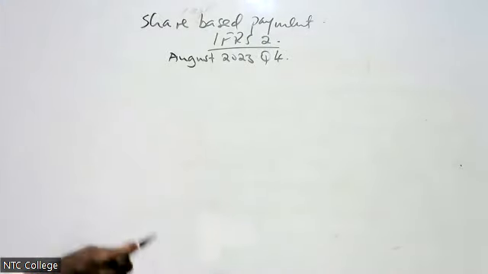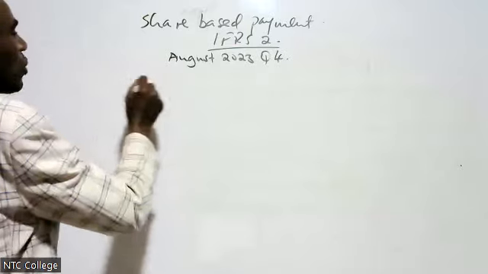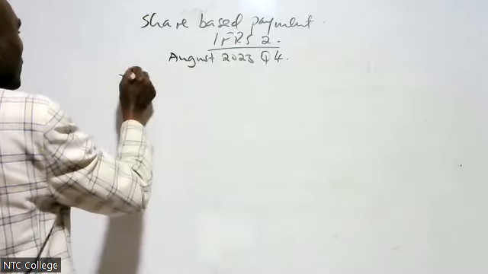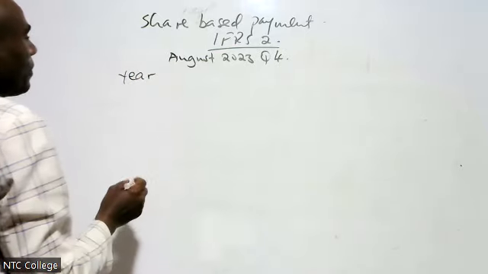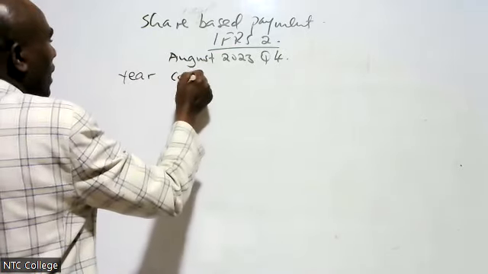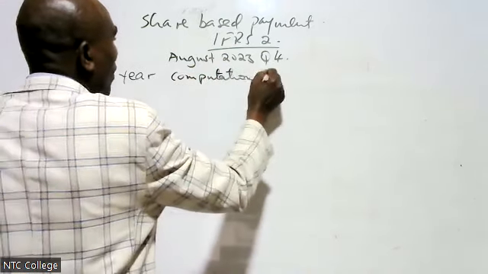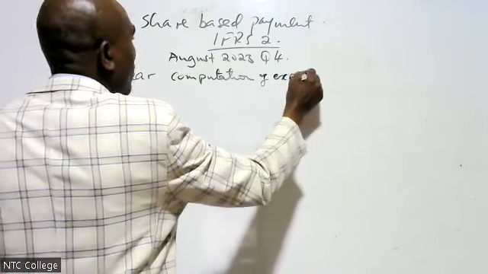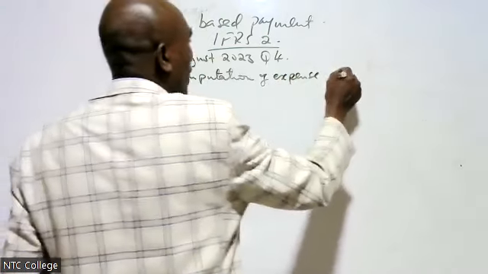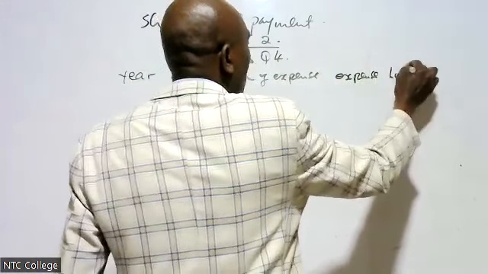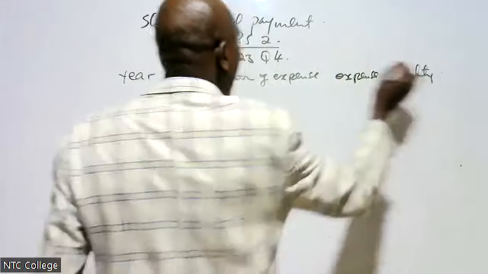Now, let's say we want to do the question of August 2023. Here we have the computation of expense. Then we are going to recognize the expense itself. We are going to recognize the liability like that.